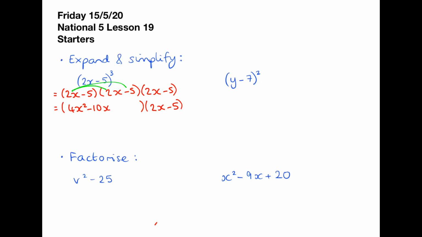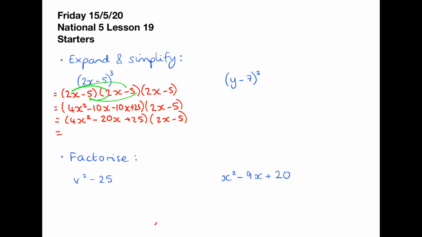And as we know from our practice at squaring brackets, we get another negative 10x. And then we've got a plus 25. So we've got 4x squared minus 20x plus 25, which we're going to multiply by 2x minus 5.